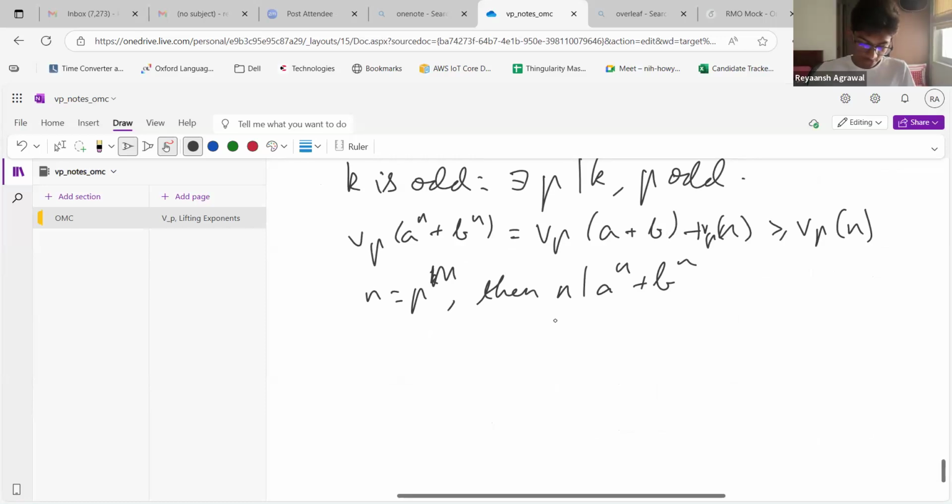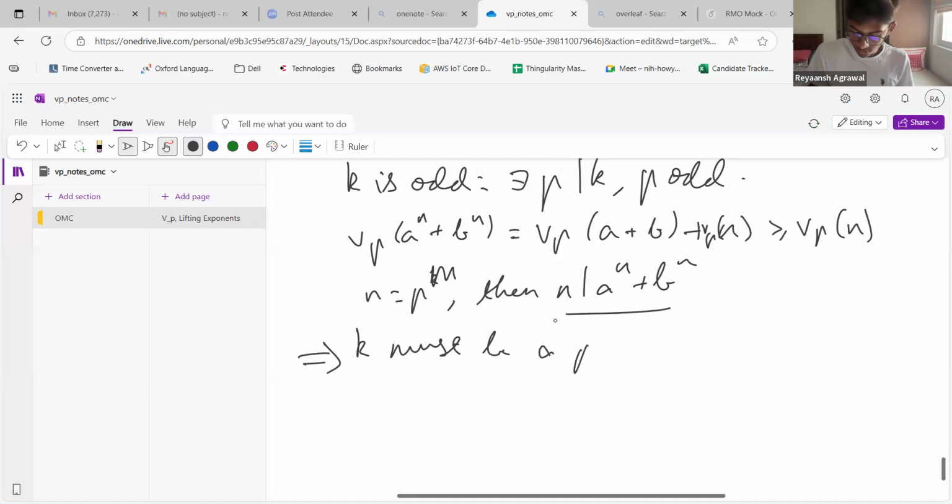This means that there exist infinitely many n such that n divides a to the power n plus b to the power n, right? And that means that k must not be odd. In fact, k must not have an odd prime factor, because then we can construct infinitely many n such that this is satisfied, which means that k must be a power of 2.